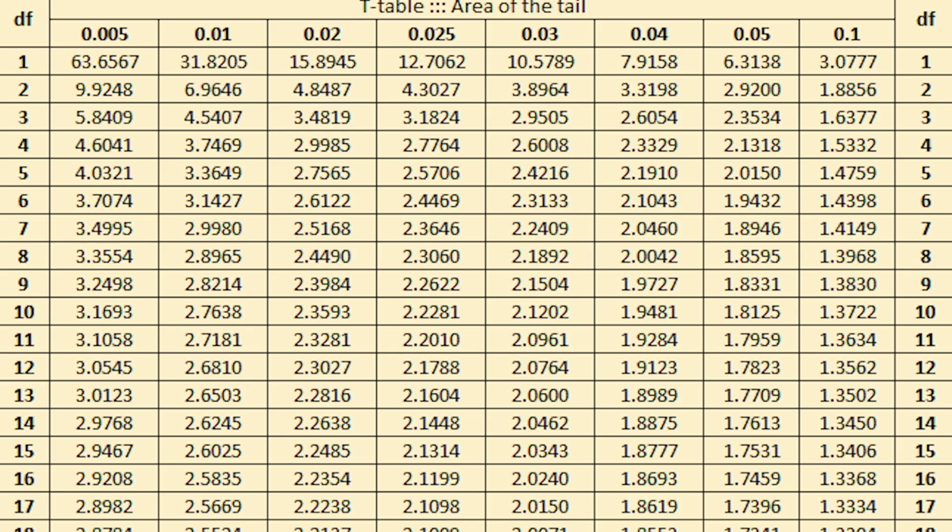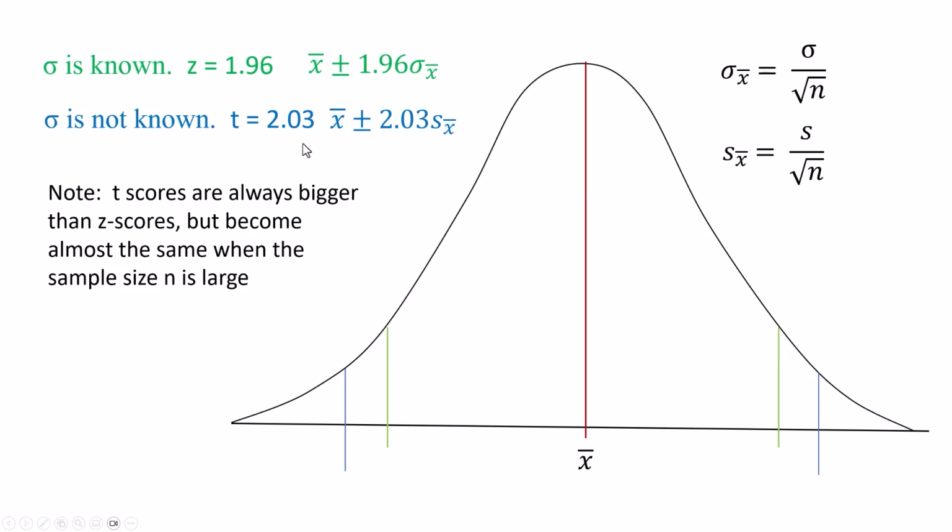If you look at the t table, when the samples are small, this gets even bigger. In our case, the sample was 36, so 2.03 with degrees of freedom 35, n minus 1. But if you suppose a sample size of 15, it will be much, much bigger than that number, because small sample size means we have more doubts about this number.